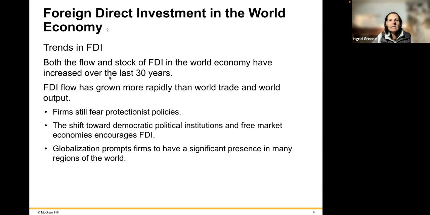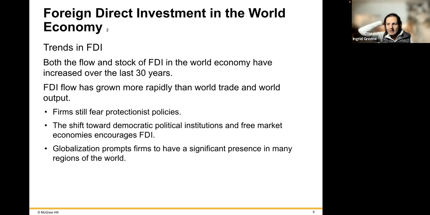What are some trends? Both the flow and the stock of FDI in the world economy have increased over the last 30 years. As we'll see in the next slide, a really nice graph of how this is helping move society forward overall. FDI flow has grown rapidly, more than world trade and world output. At the same time, firms still fear protectionist policies.